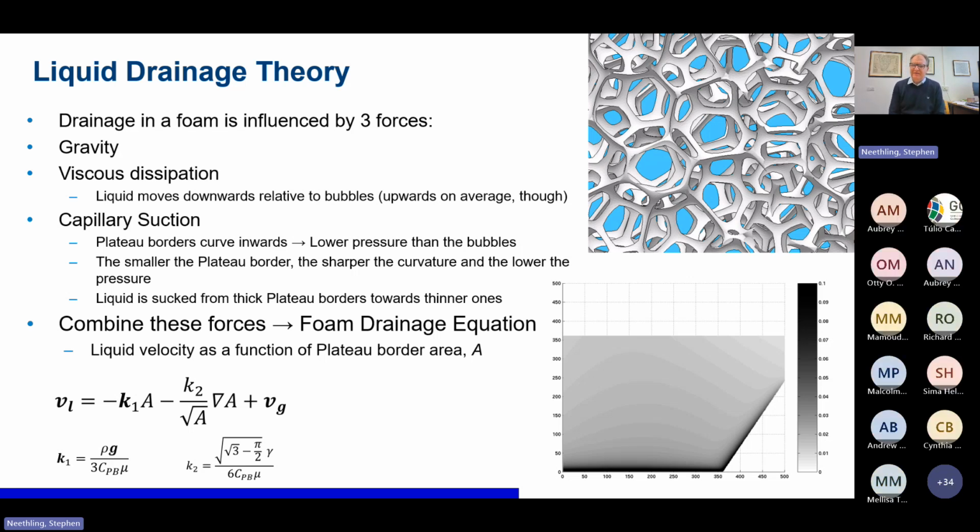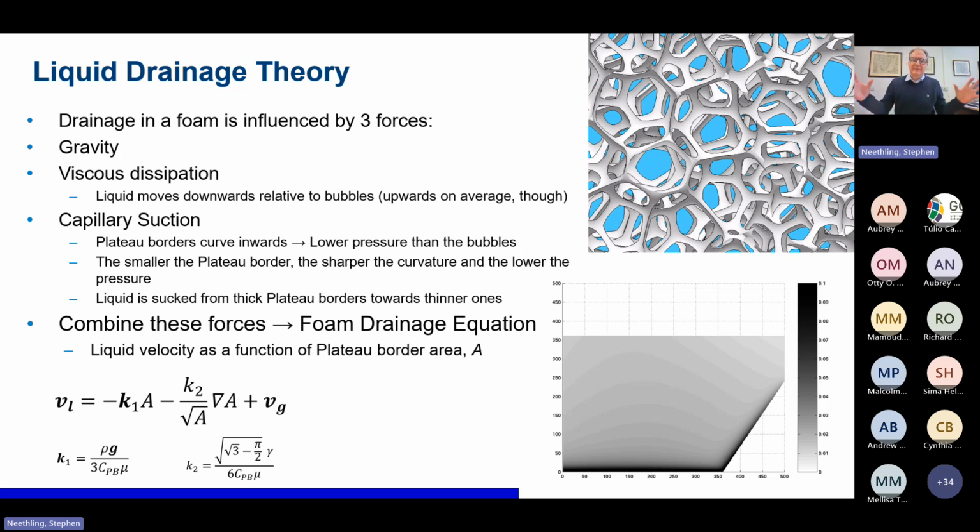And there are basically three forces which influence the behavior of the liquid. There's viscous dissipation. Your bubbles are moving upwards quicker than your liquids. Your liquid's draining downwards relative to the bubbles, and the viscous forces slow that drainage down. There's capillary suction. I said you should think of this as sort of like a pipe network, but these are pipes that change size.